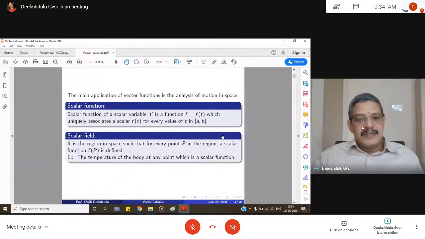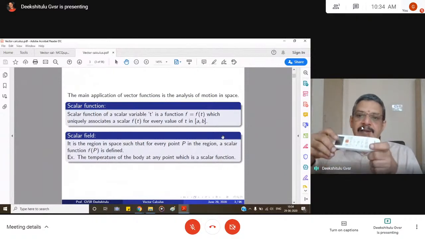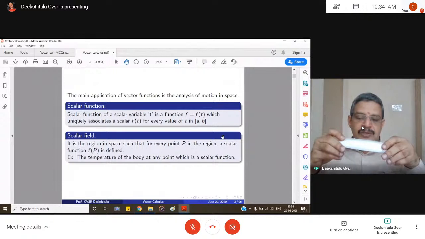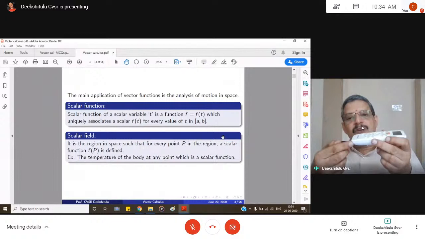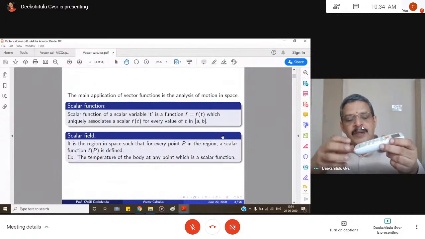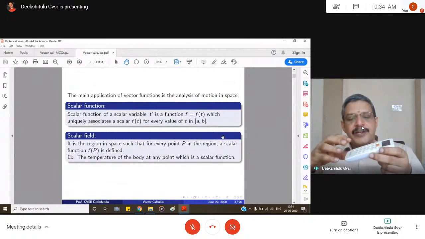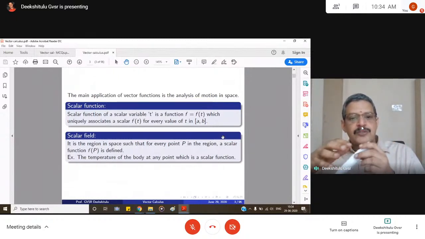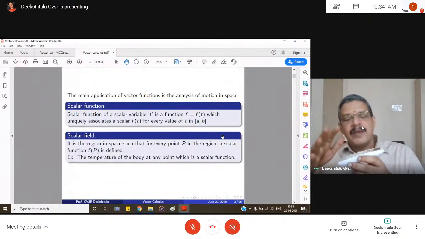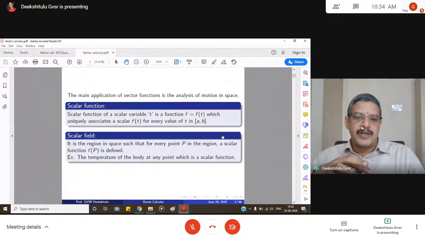For example, if I take a metal body or a solid rod and start heating it from one end, gradually energy dissipates and spreads throughout the body, and after some time the whole body has some temperature, which may not be uniform. At this point I have some temperature, at another point some other temperature.